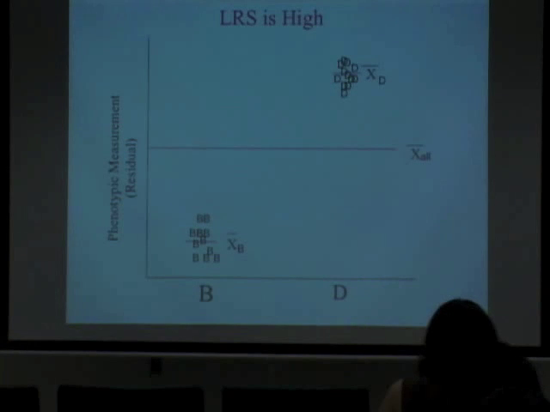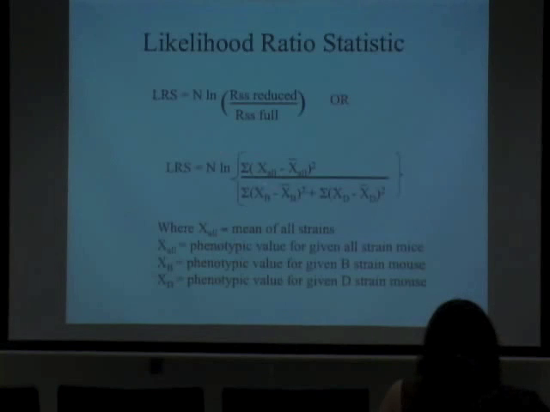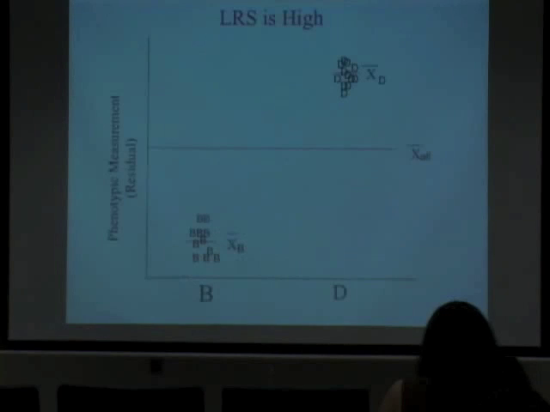Then it looks at the phenotype, or in our case, the residual. So back in the numerator of this thing, it looks at every value minus the mean of all and squares them up. So it's going to take every value minus the mean and then square that value. That's the numerator, okay?